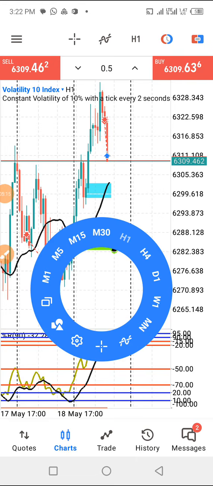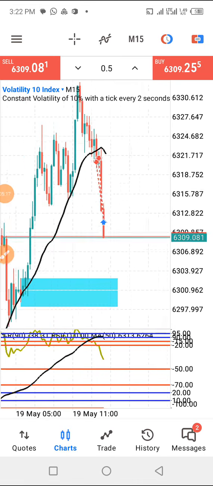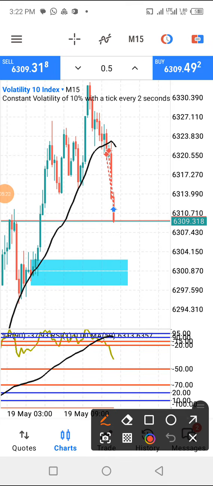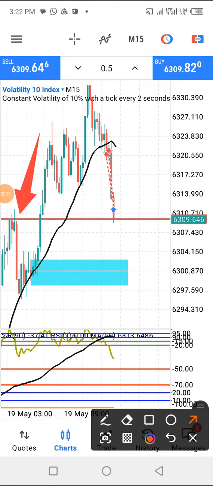So that was what happened right away here just now. I only used it to scalp because I was expecting maybe price will react at this zone. That area was a kind of resistance before, so I don't want to hold the trade too long. That was why I put my TP around there. So I'm expecting price to react around that point.